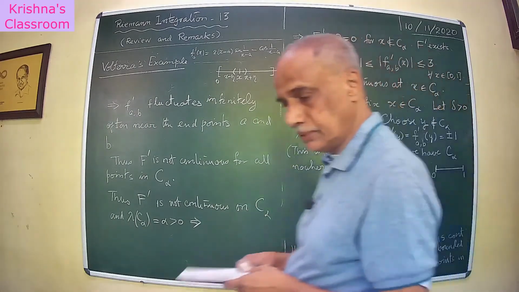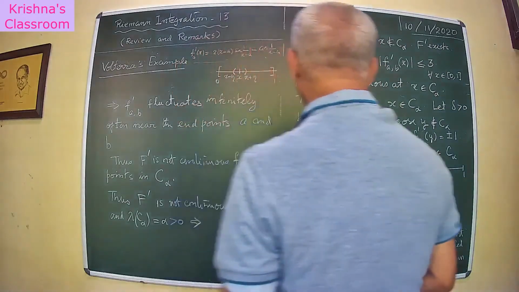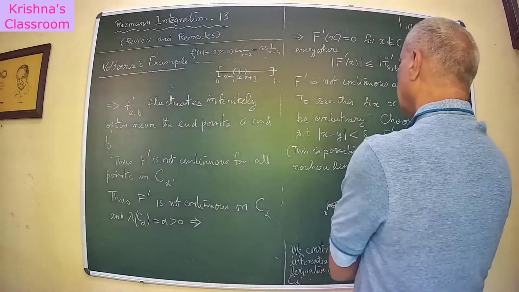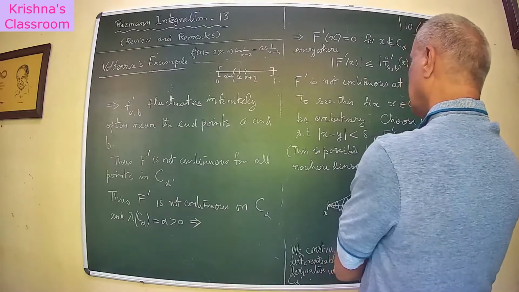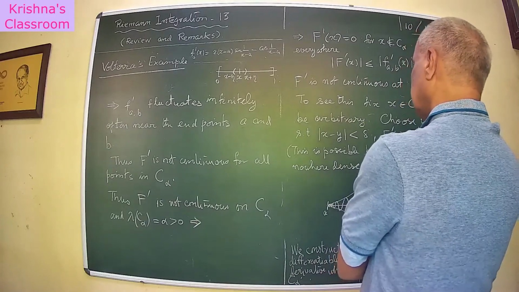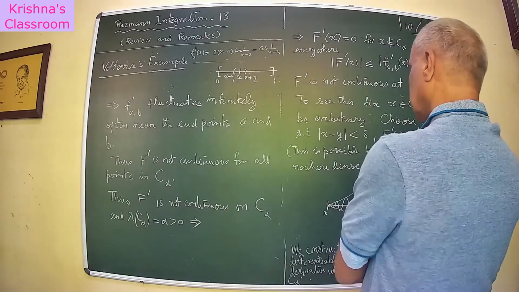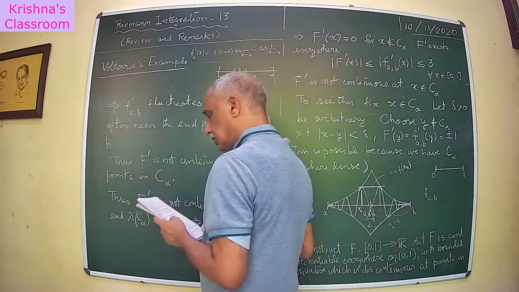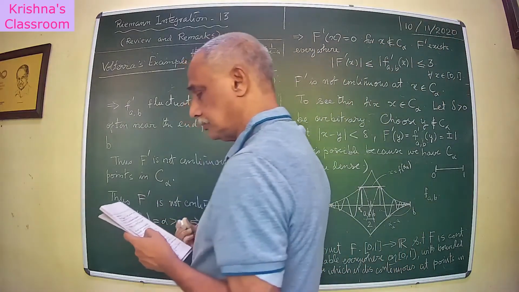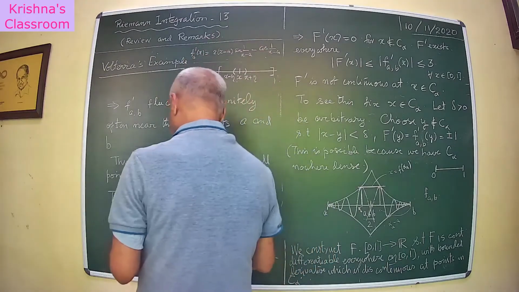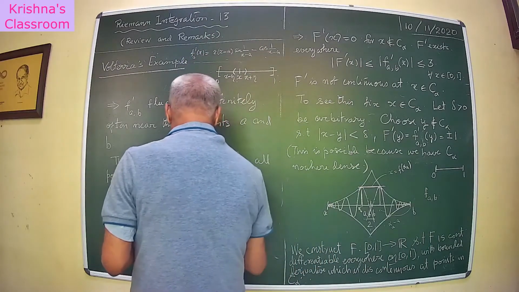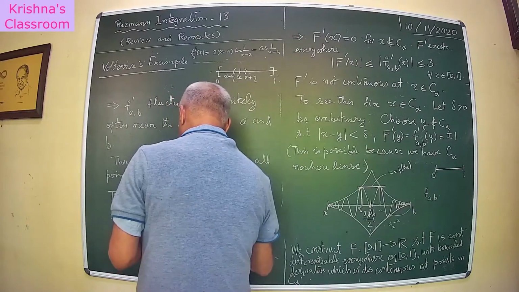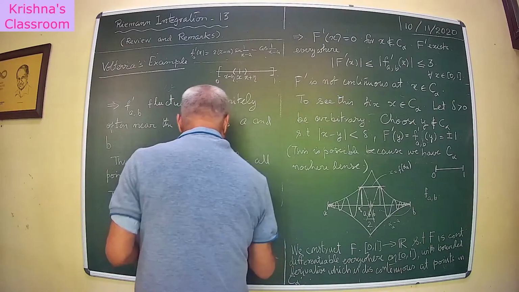I think I earlier said something like 1 minus alpha. I think it has to be 1 minus alpha probably. Therefore, it implies f derivative is not Riemann integrable.